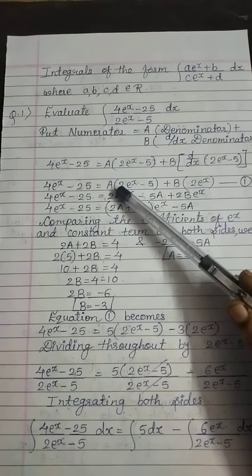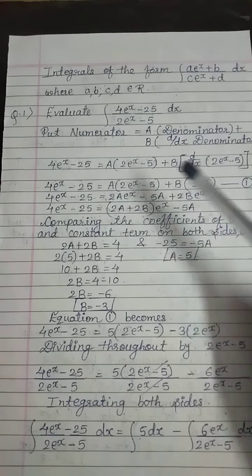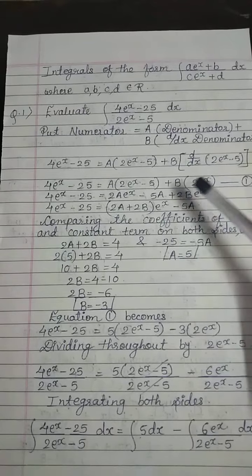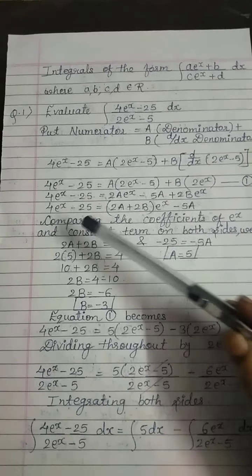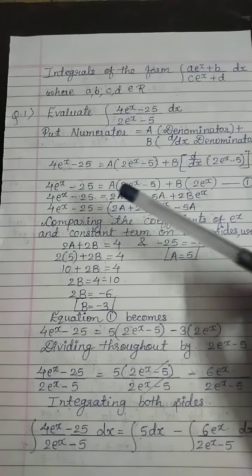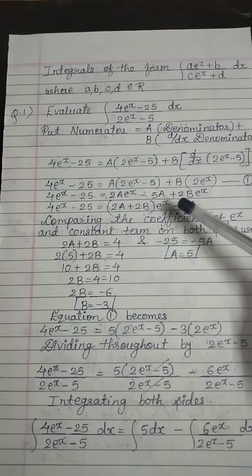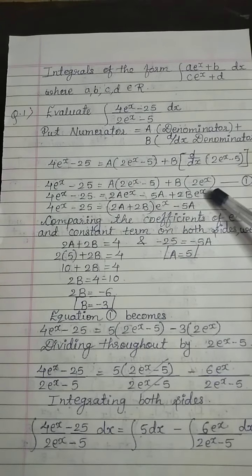Now we will open the first bracket by multiplying by a, and the second bracket by multiplying b. So we will get 4 e raised to x minus 25 is equal to 2a e raised to x minus 5a plus 2b e raised to x.